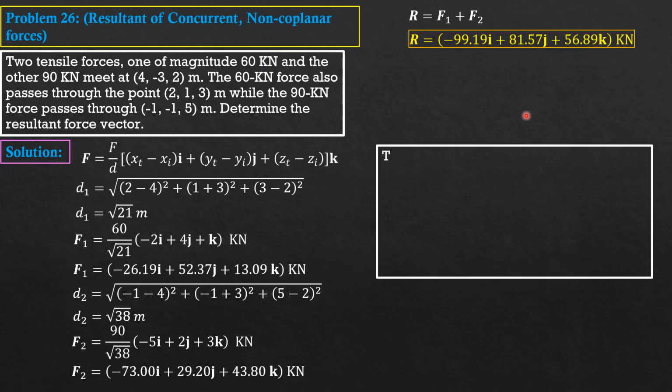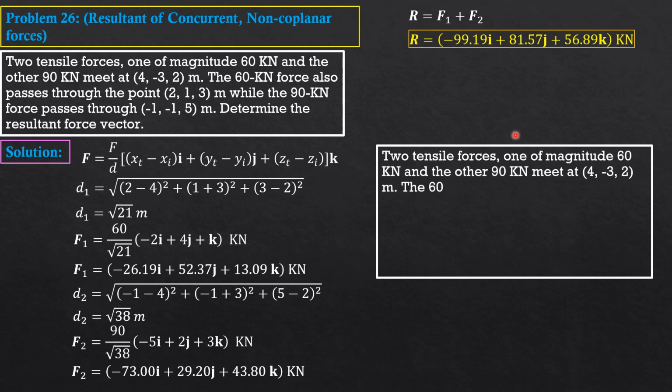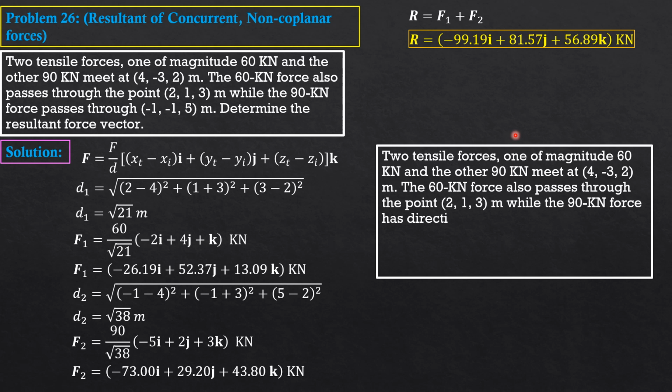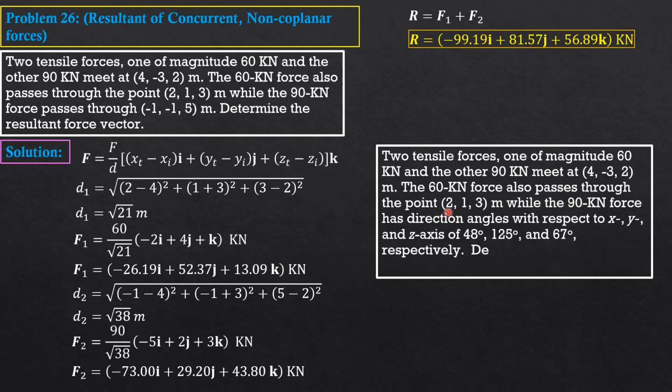So for your part, we have two tensile forces, one of magnitude 60 kilonewtons and the other 90 kilonewtons, meeting at (4, -3, 2) meters. The 60 kilonewton force also passes through this point, while the 90 kilonewton force has direction angles with respect to the x, y, and z axes of 48 degrees, 125 degrees, and 67 degrees.